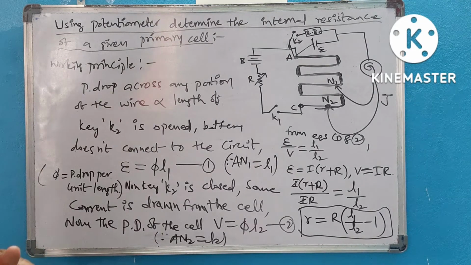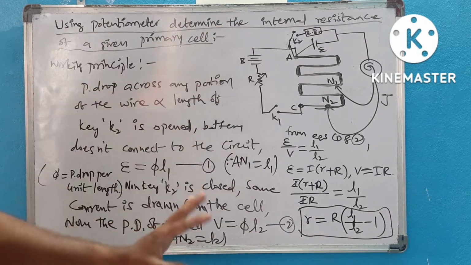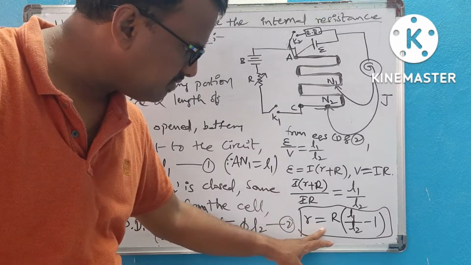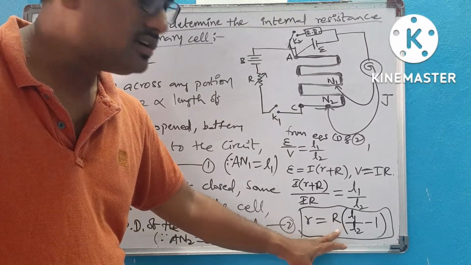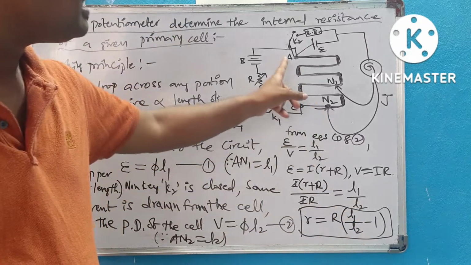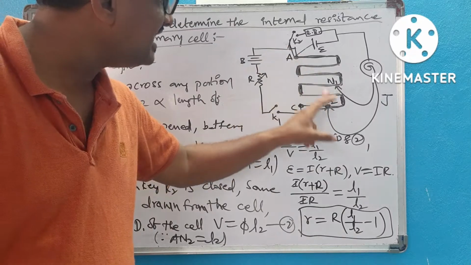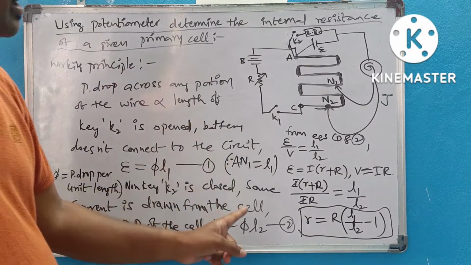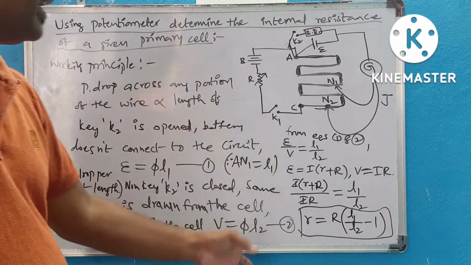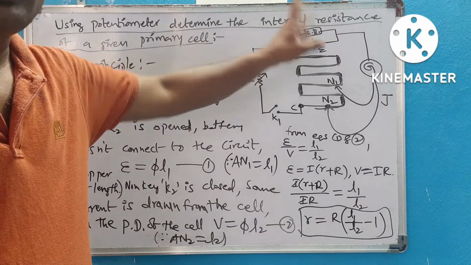This is the expression for the internal resistance of a given primary cell. Small r is the internal resistance of the given primary cell, capital R is the external resistance of the cell, L1 is the length of AN1, and L2 is the length of AN2. So finally we get the equation for internal resistance of the given cell.